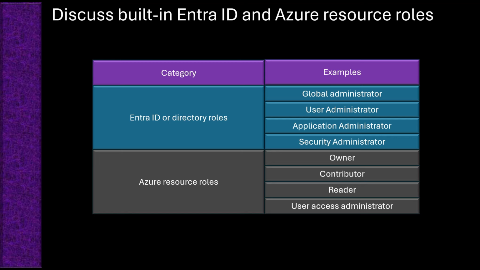Entra ID authenticates users and provides their identities to Azure. Azure RBAC then uses these identities to enforce access control based on the roles assigned. This relationship ensures that user permissions are consistent across both identity management and resource management, which enables secure and effective access control.